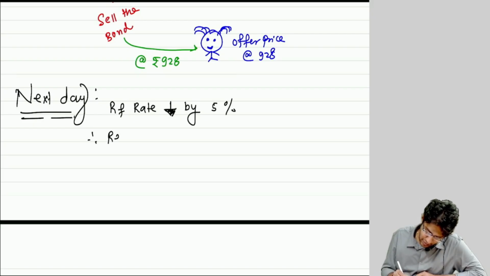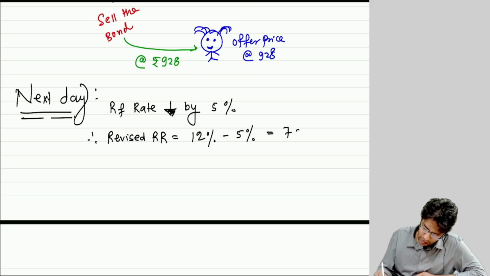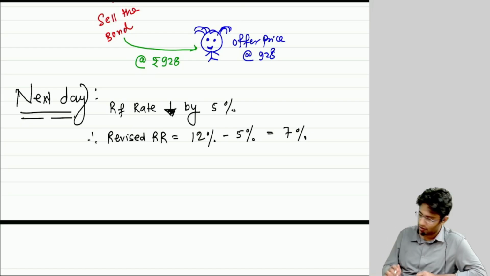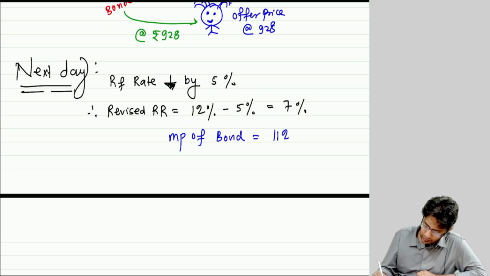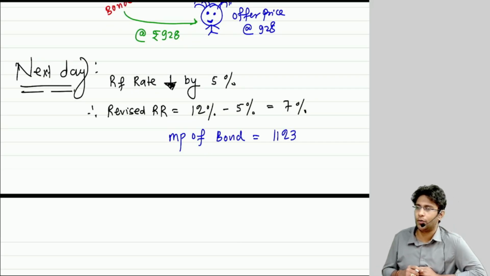Therefore, revised required return is equal to 12 yesterday minus 5, which is equal to 7. That's only our last case, no? 7%. Now, you have already calculated the market price of the bond. 1123. Market price of the bond crazily increased to 1123.